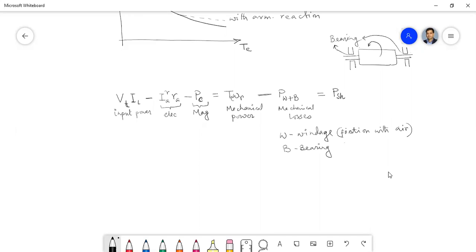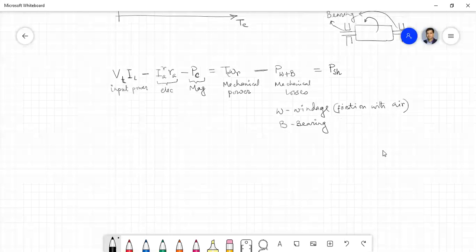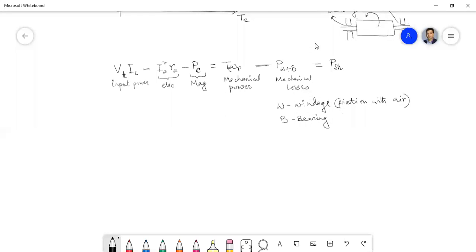Part of the losses we separate from the generator, part of the losses we separate from the motor, because it is not possible to separate all the losses from the same machine. So part of the losses we get from the generator and part from the motor. As we are using two exactly identical machines, we can say that each machine has these losses.